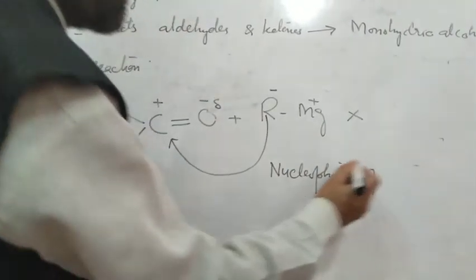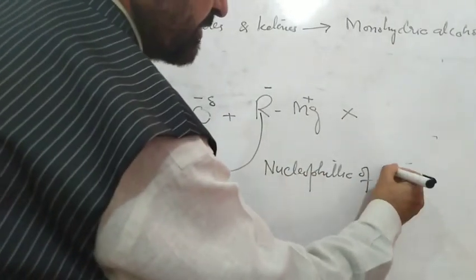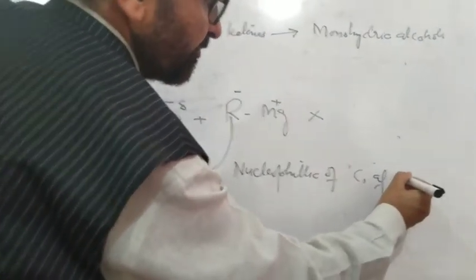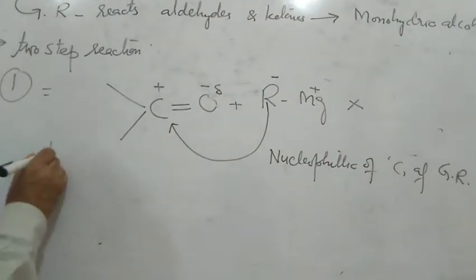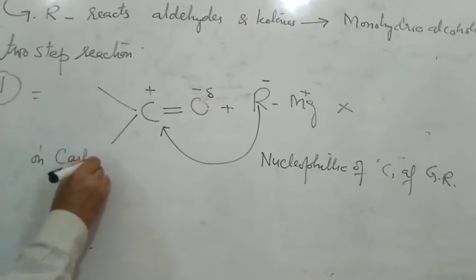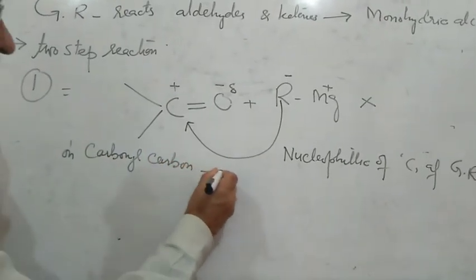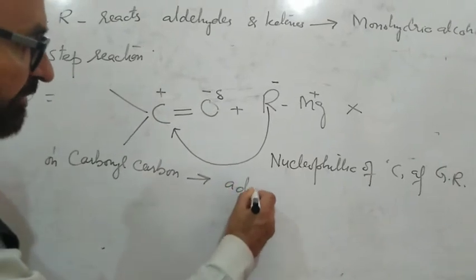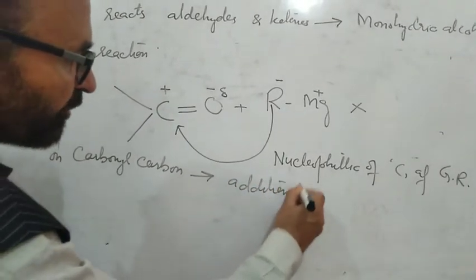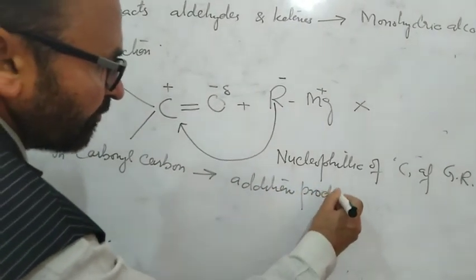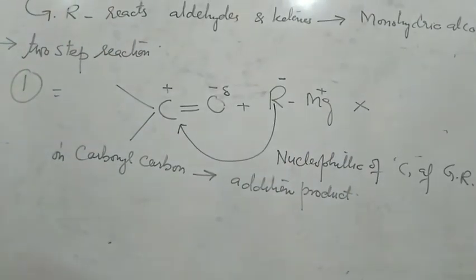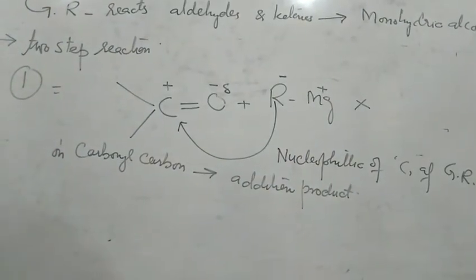of the carbon of Grignard's reagent on carbonyl carbon. So here an addition product is obtained, to give an addition product. I will write it here.